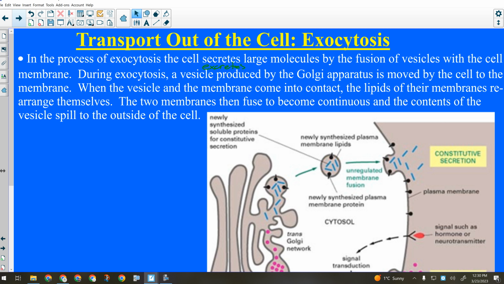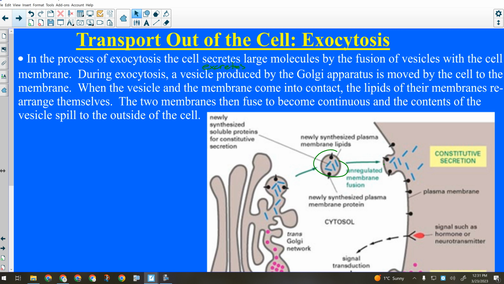The Golgi apparatus packages some material, wastes or hormones or whatever, and that package goes to the membrane. When it touches the membrane, because they're made of exactly the same material, it just becomes part of the membrane, which ends up popping this, and whatever was inside of it, these blue bars, is forced out into what we call the intercellular space, or interstitial fluid, which then usually is in contact with the blood.